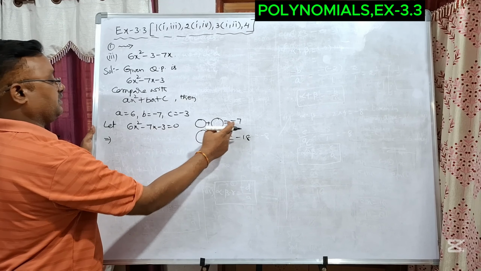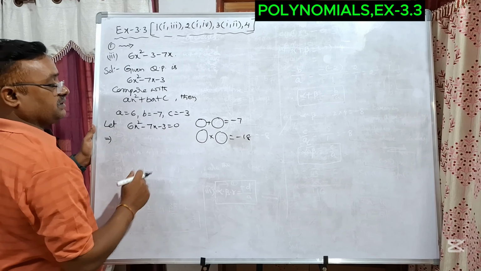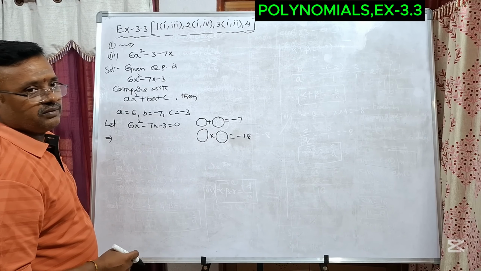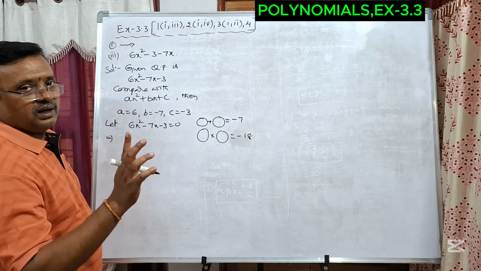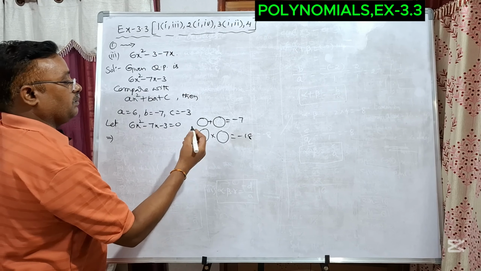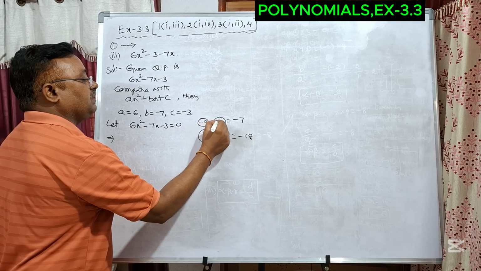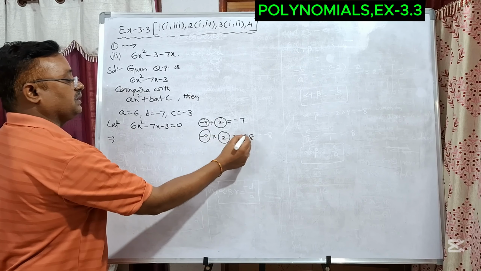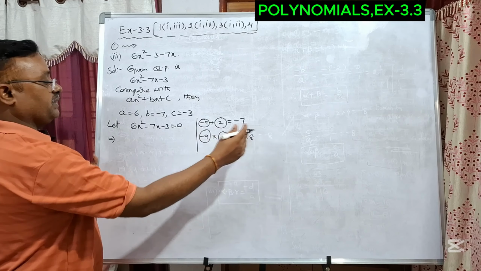X coefficient minus 7, 6 into minus 3 is minus 18. Two numbers we have to search. What kind of numbers do we have like that? 9 and 2, but in this way: minus 9 plus 2, their sum is minus 7, and their product is minus 18. That is the rough work.